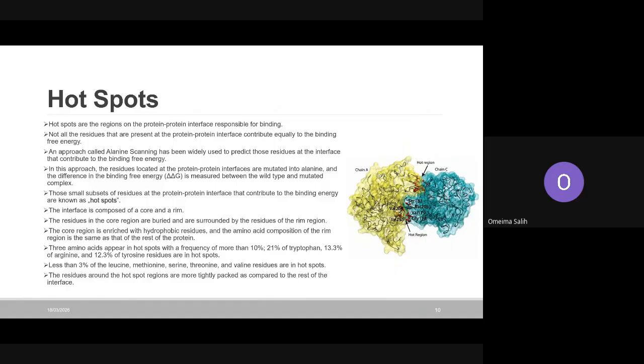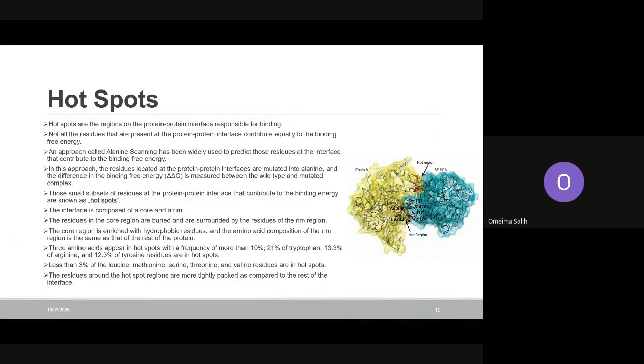And then come the arginine and tyrosine residues. So these three amino acids are very important in binding between two or maybe more polypeptide chains. So they are the ones defined as hotspots.